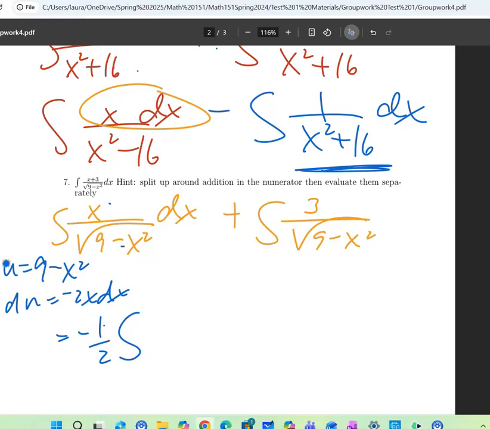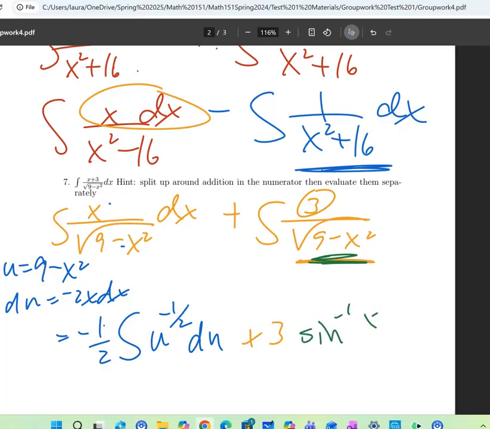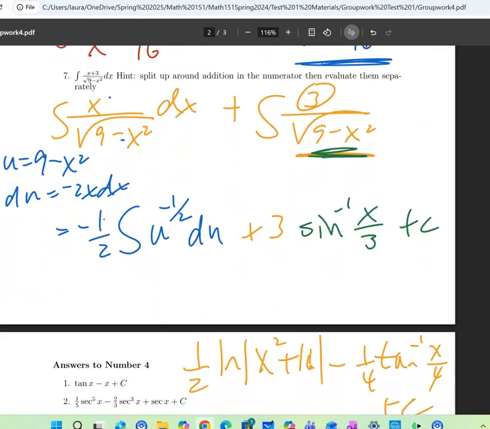And then if I rewrite this as u to the negative 1/2, right? This is exactly arcsine. So I carry the 3 along, right? That 3 carries along. And then the antiderivative of this would just be arcsine of x over 3. So then taking the antiderivative here, I get a negative 1/2.